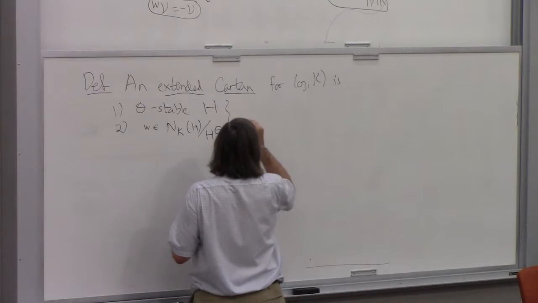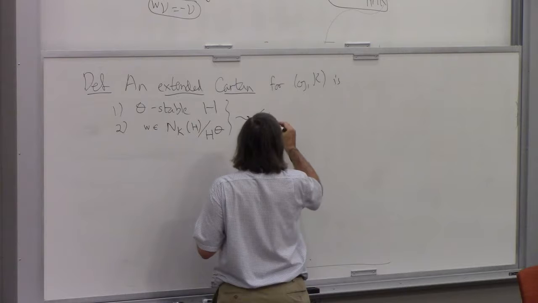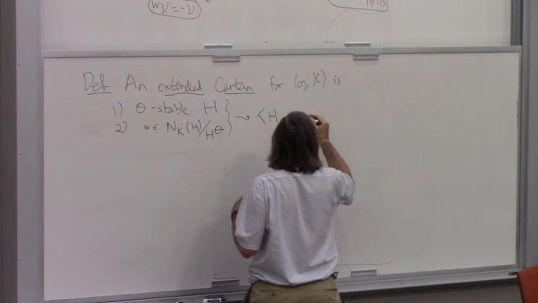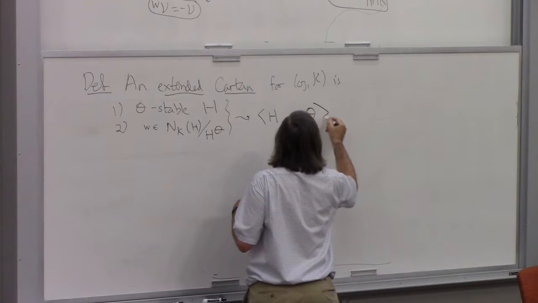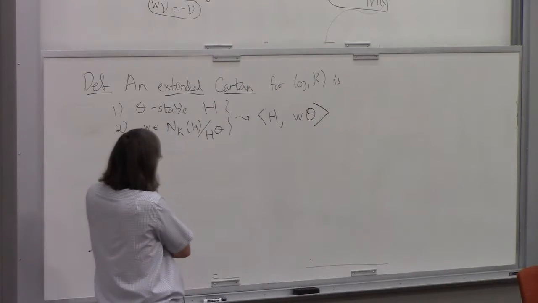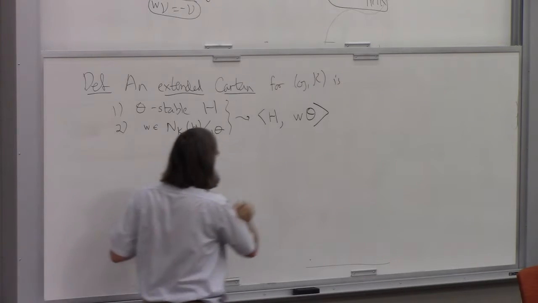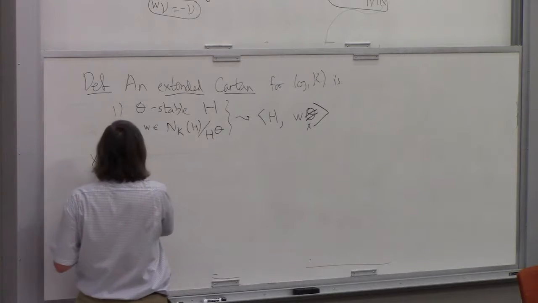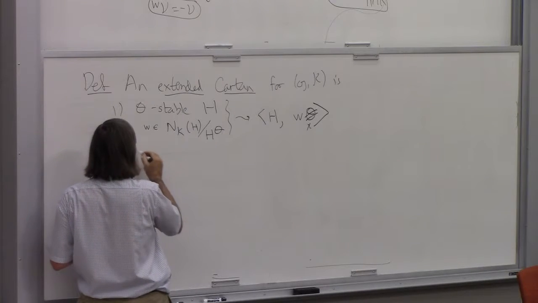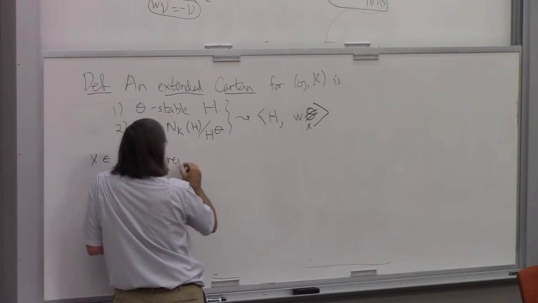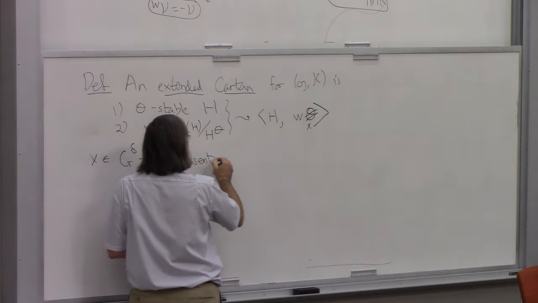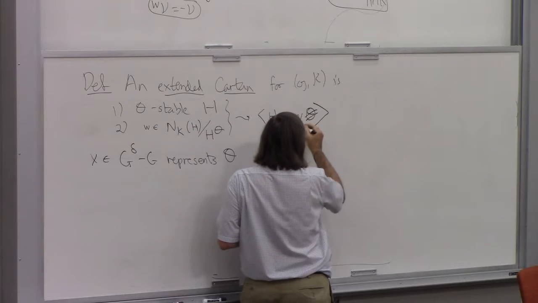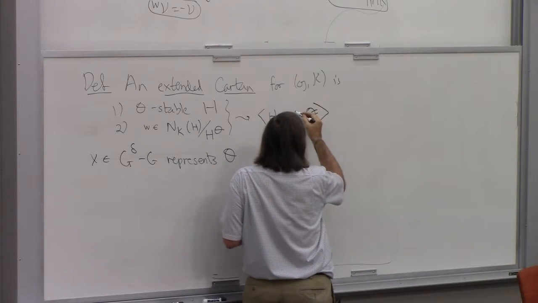And so I should write X. I mean, X is in this extended group. This represents theta, and this W is, well, W tilde.